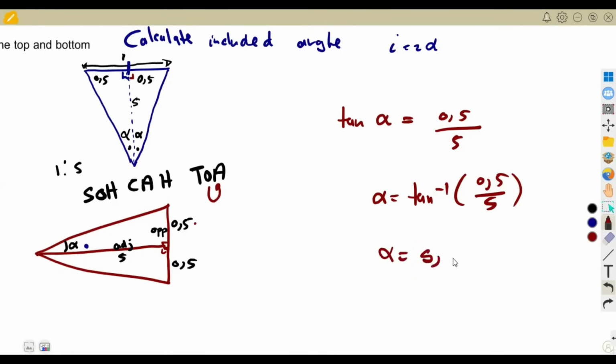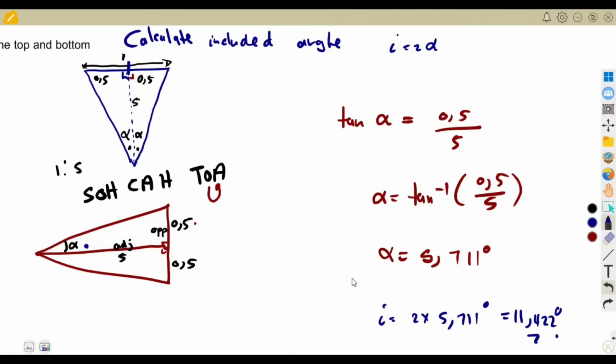From your calculator, it's going to be 5.711 degrees. The included angle is 2 times 5.711 degrees, which is something like 11.422 degrees.